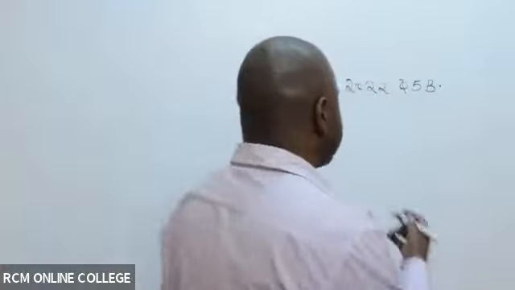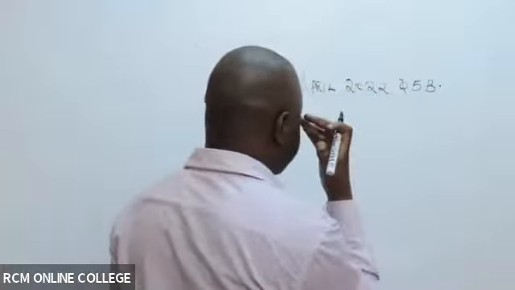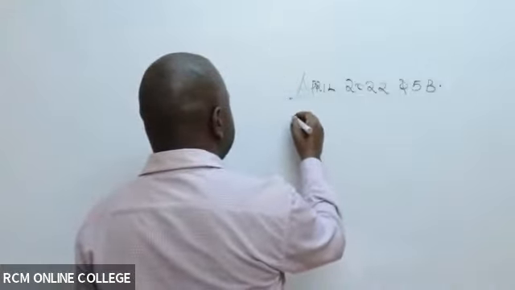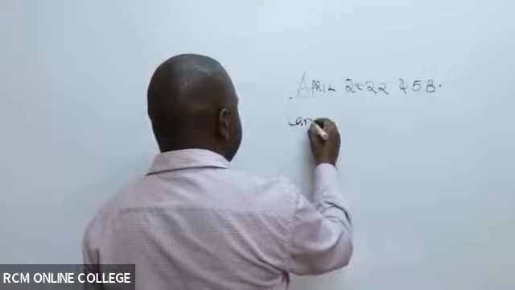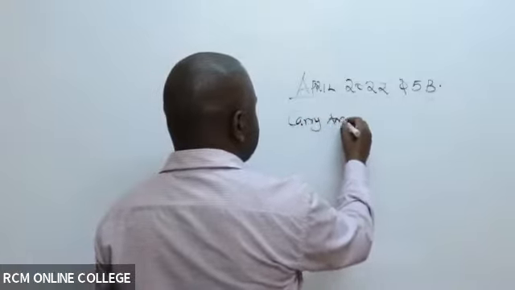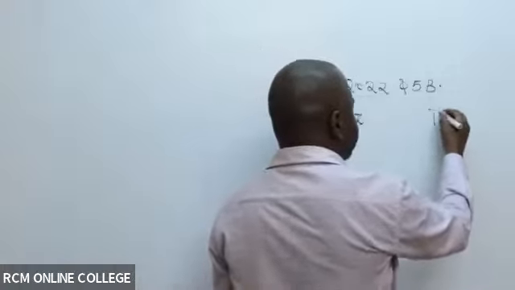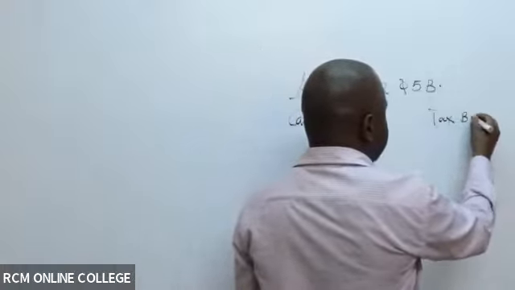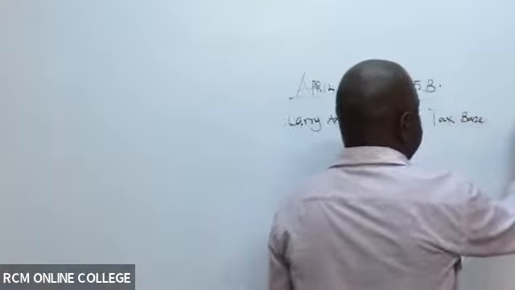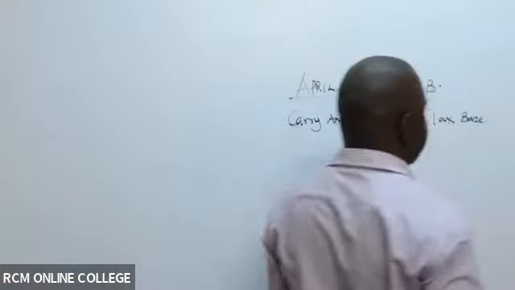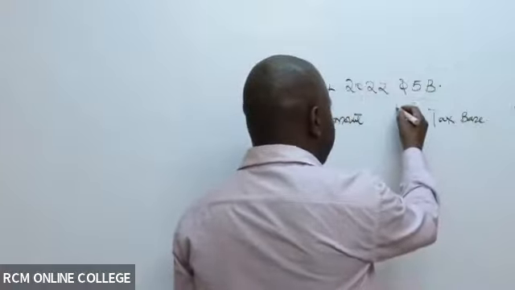So in this case, we'll consider the carrying amount, then the tax base. The difference between the two gives us the temporary differences, or the TD.